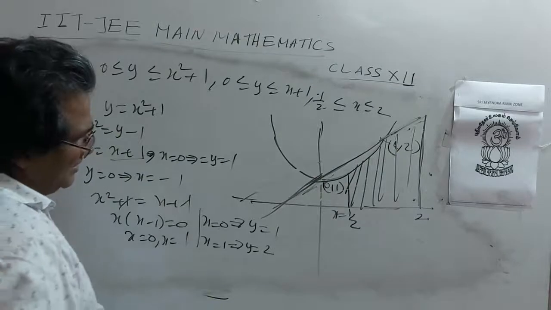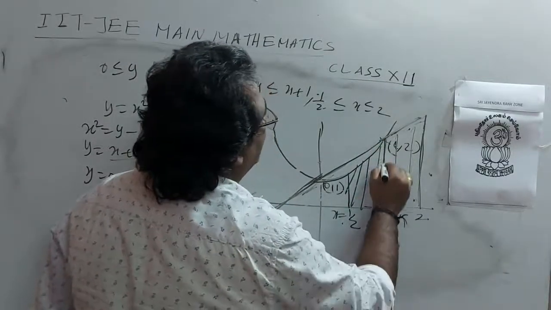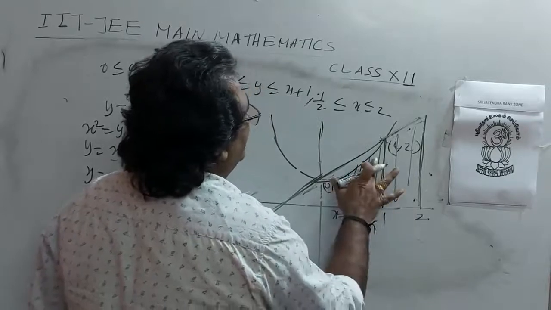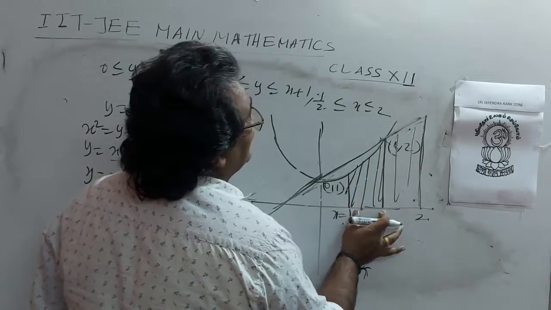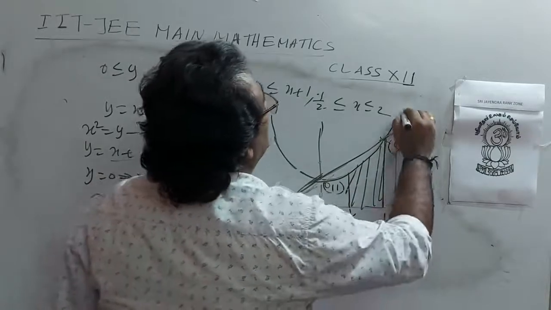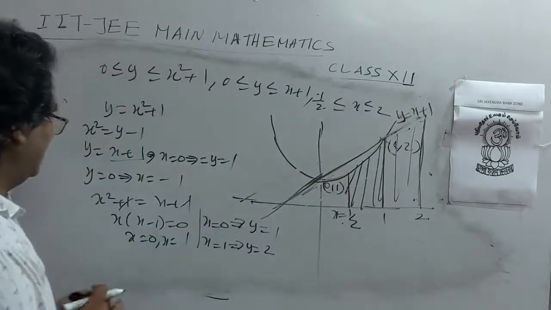So for this purpose, you have to take x equal to half to 1, the area between the parabola and x-axis, and 1 to 2, where the line is y equal to x plus 1.